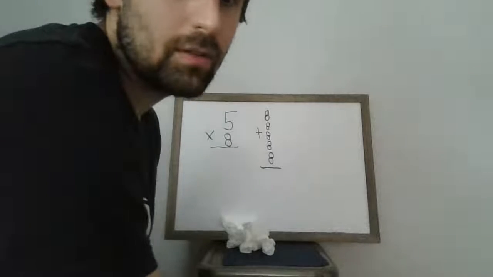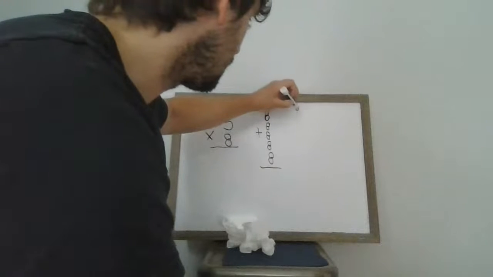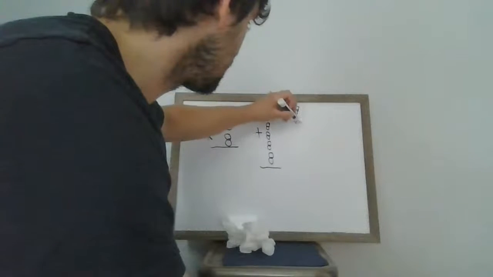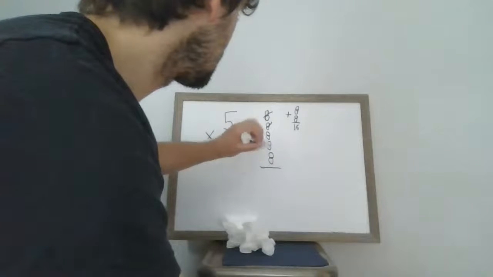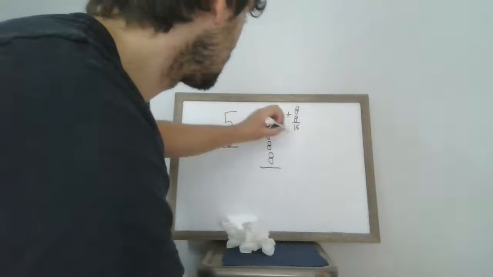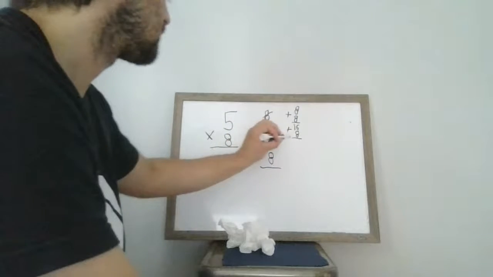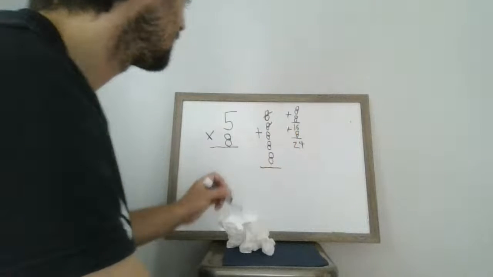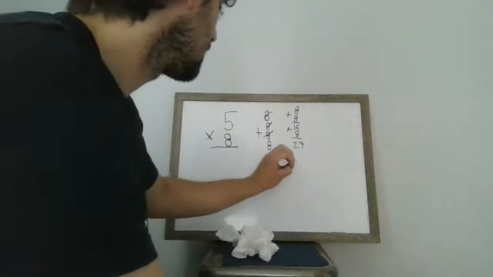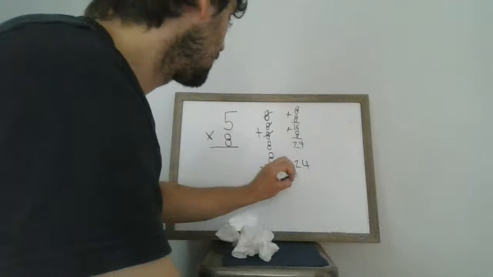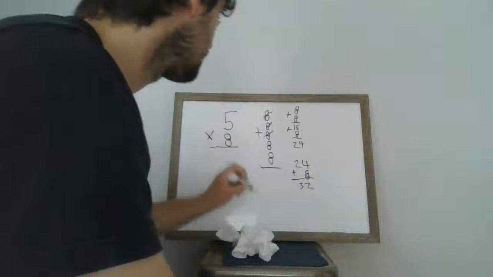All right, so now knowing the skip counting strategy, 8 plus 8 equals 16. 16 plus 8 equals 24. 24 plus 8 equals 32.